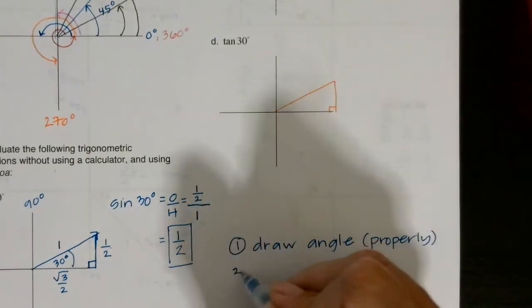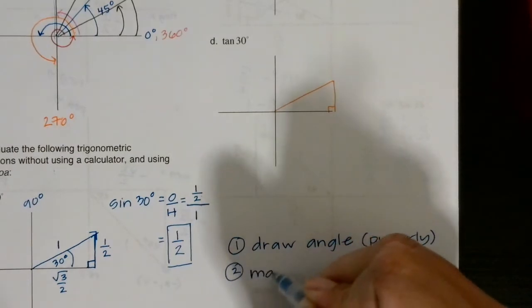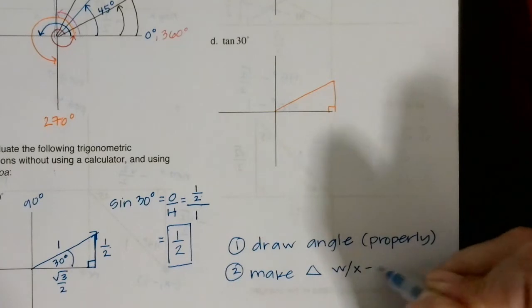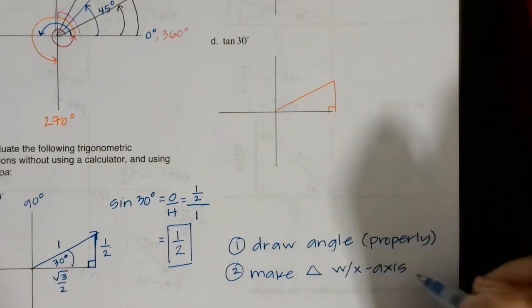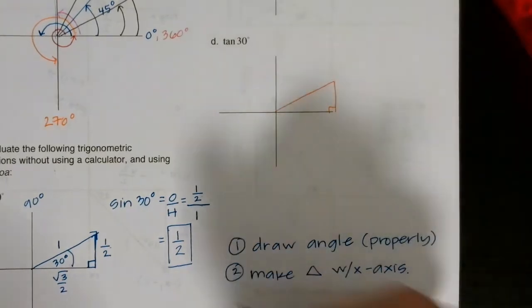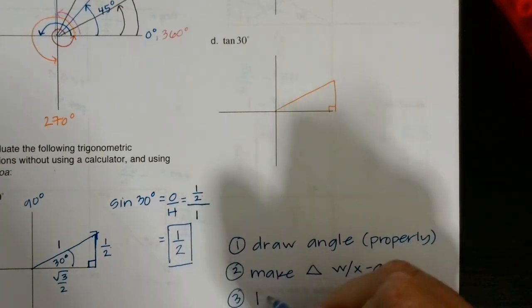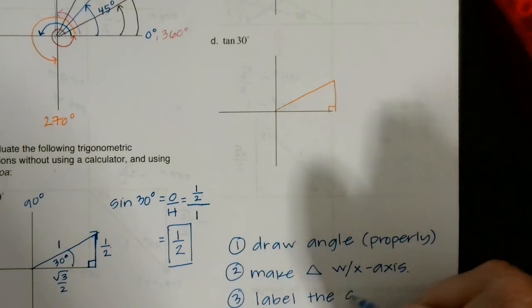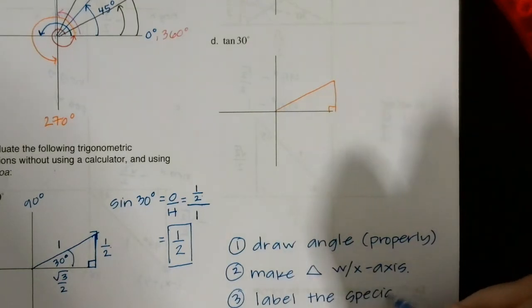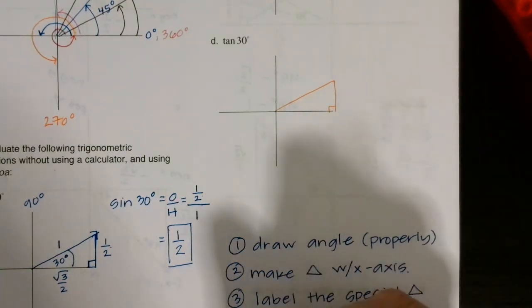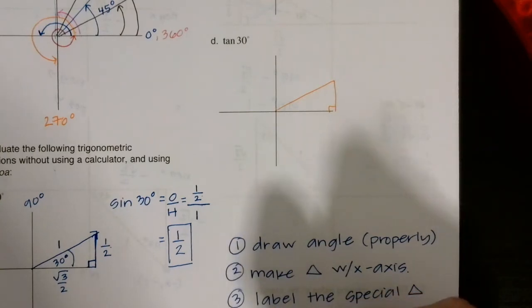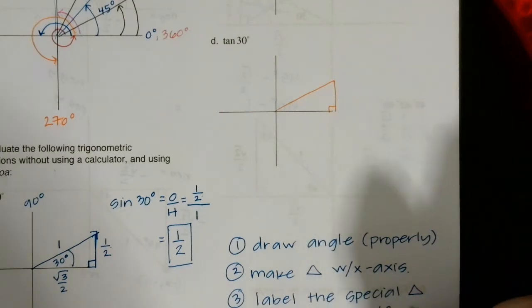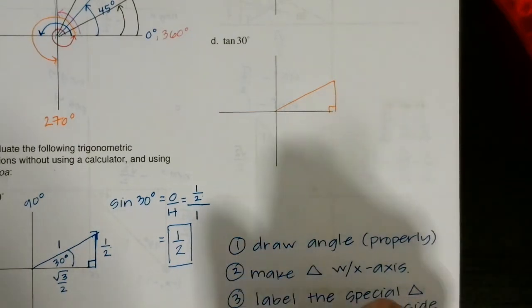Step 2, make the triangle with the x-axis. Okay, so that was this part. Step 3, label your special triangle with appropriate side ratios.